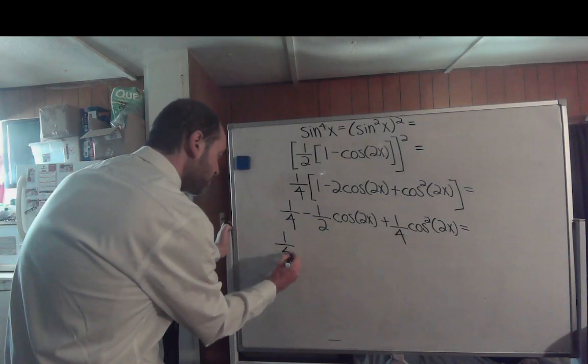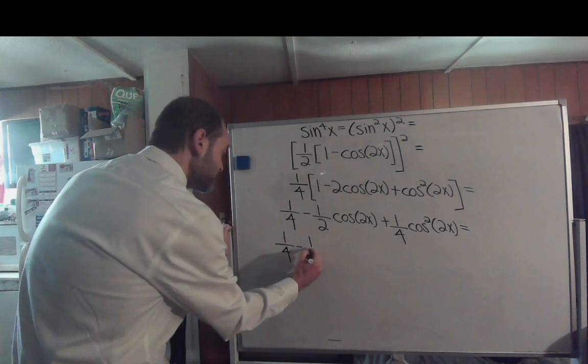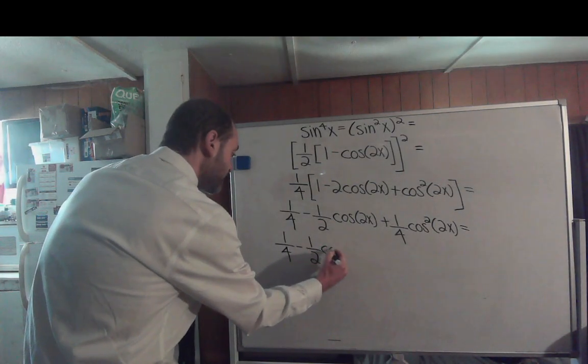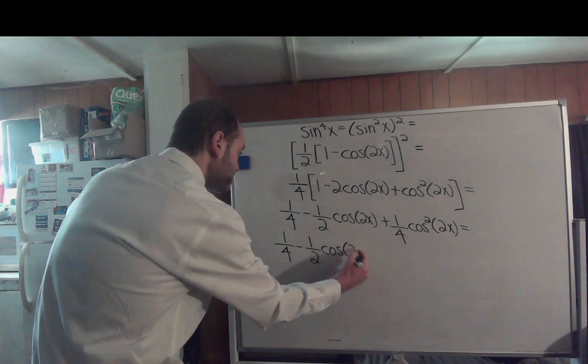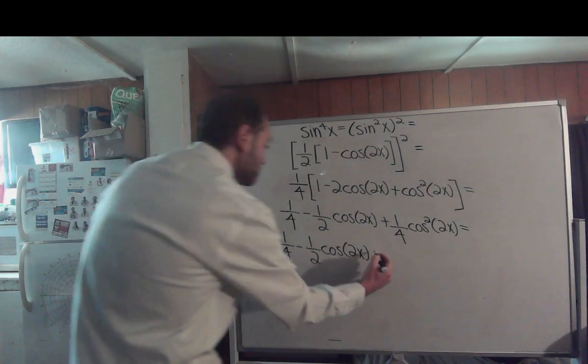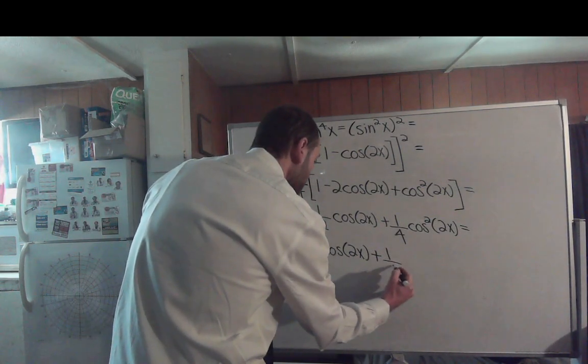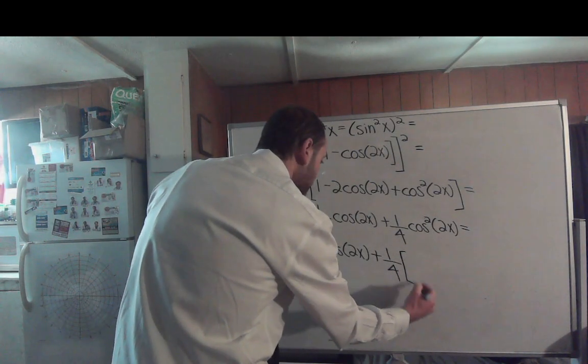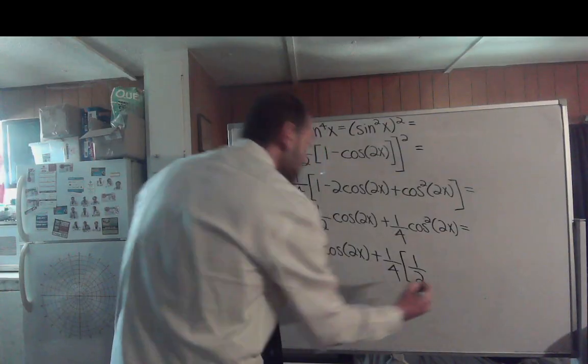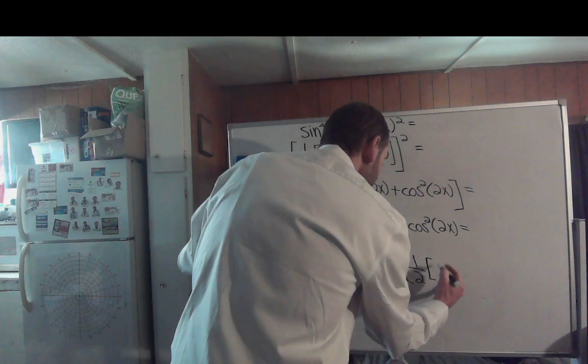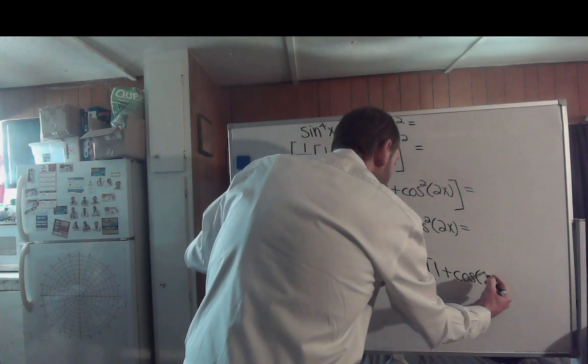This would end up being 1/4 minus a half of the cosine of 2x plus 1/4, now here's where it gets fun, times the quantity of 1/2, because the cosine squared of x turns into 1/2 times 1 plus the cosine. This time would be 4x, because 2x plus 2x is 4x.